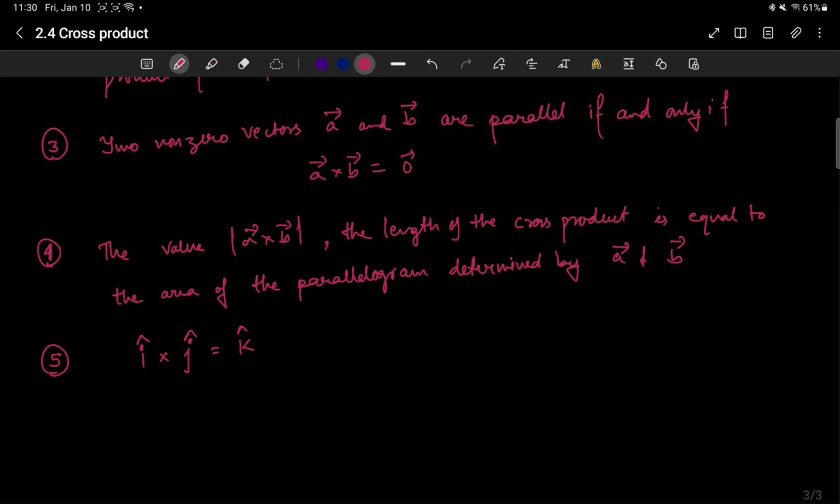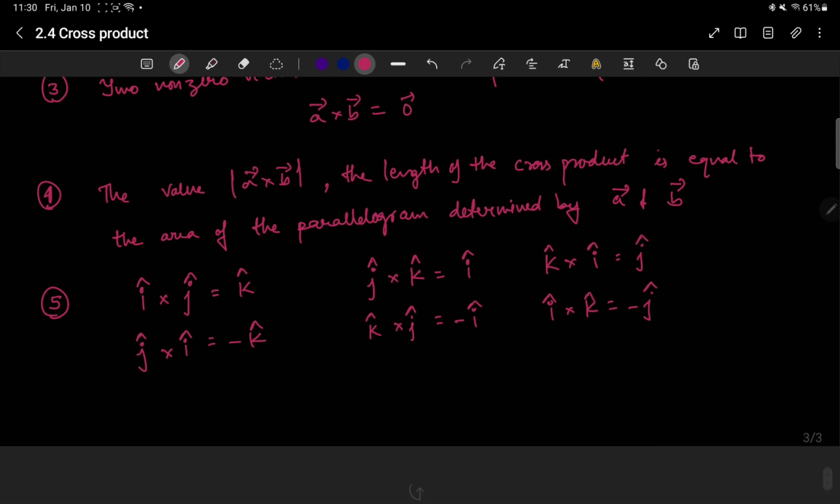That's the Z axis, and that's why we get K. Similarly, if you cross J with K, you get I, and if you cross K with I, you get J. But if you change the direction, J cross I, that's going to be negative K. K cross J is going to be negative I, and I cross K is going to be negative J.